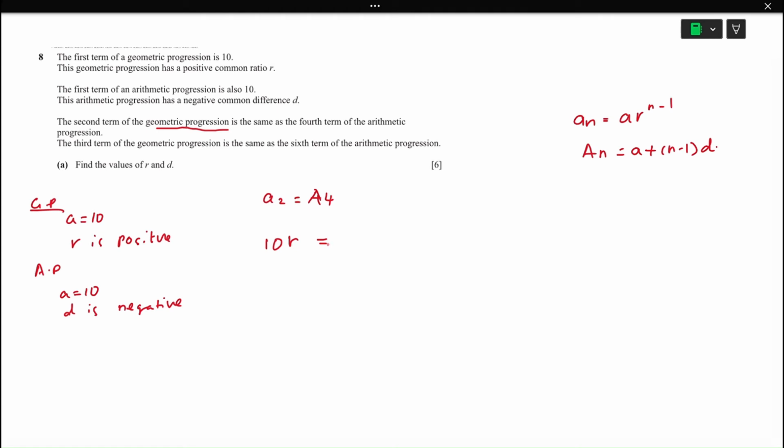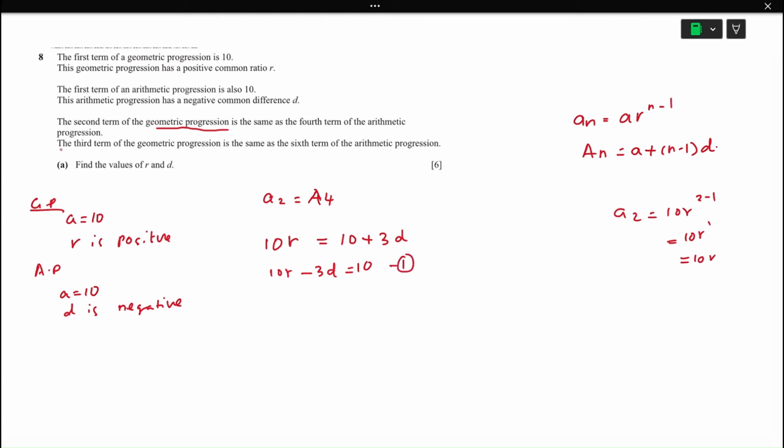Because a2 equals 10 into r power 2 minus 1, which is 10 r, so I put it here. Next a4, just substitute here, a is 10, plus 4 minus 1 is 3, 3d. So I'll bring everything to one side: 10r minus 3d equal to 10. This is my first equation.